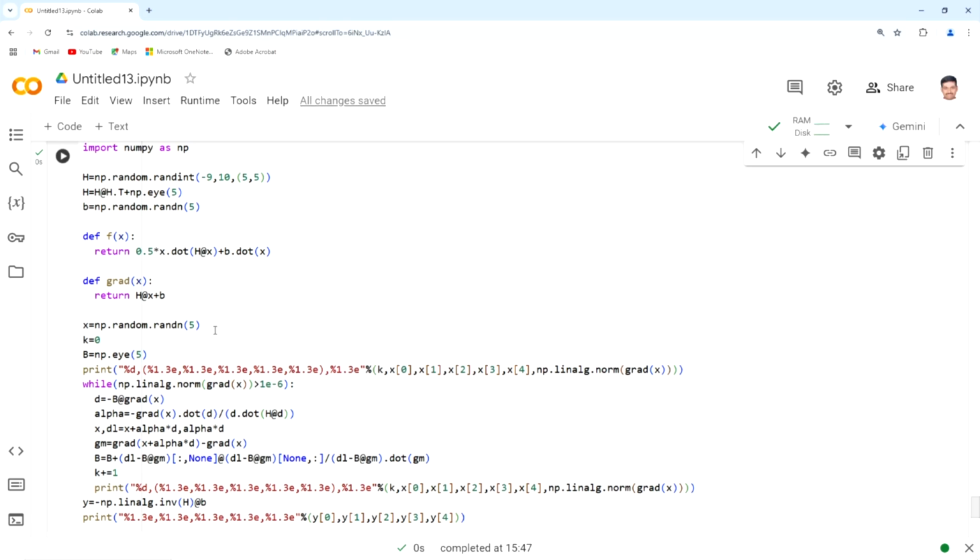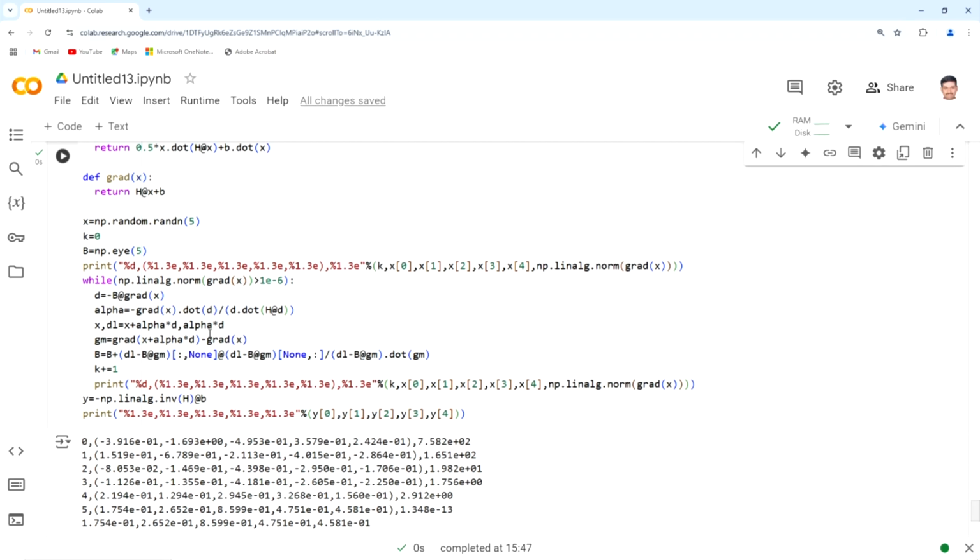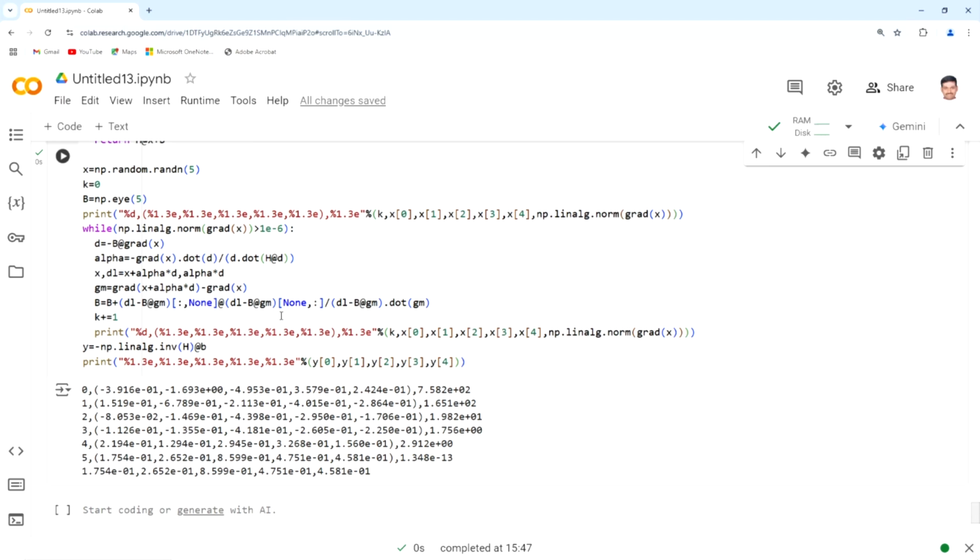But given that the function is quadratic, this rank 1 correction method actually found the answer in just n steps, okay. Note that I have not inverted h at all. So, no inversion has happened here. This is just to verify whether the answer is correct or not.